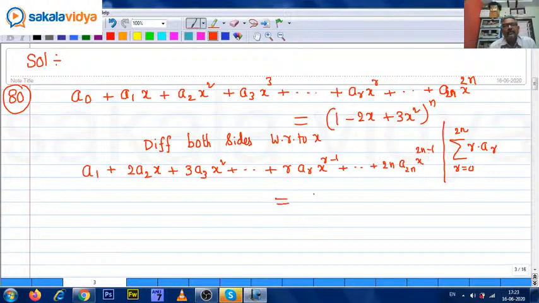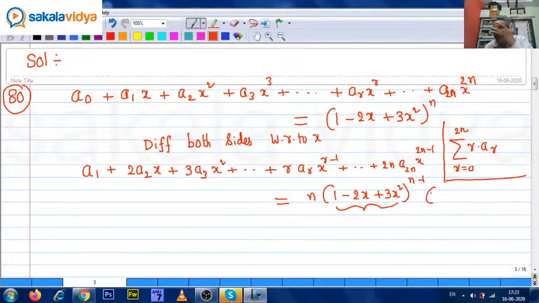Differentiation: this is n times (1 minus 2x plus 3x square) whole to the power of n minus 1, into differentiation of 1 minus 2x plus 3x square. So we get minus 2 plus 6x.